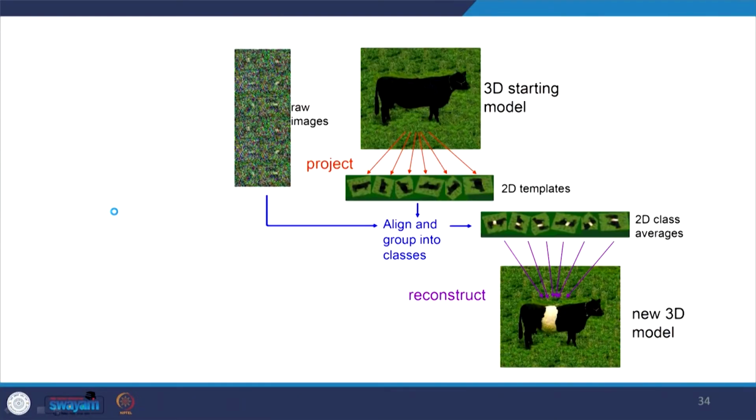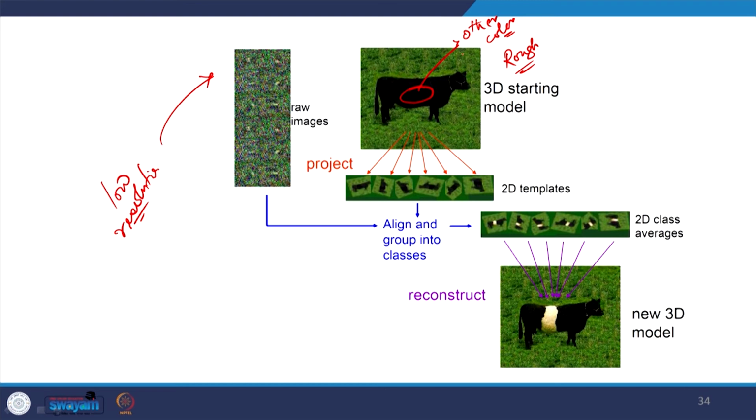As you see, you could not see anything, but then you process, you get these low resolution images, and then you have the initial rough 3D model. Rough, if you compare, you will see the cow had some other color which you do not get here because it is a low resolution model.